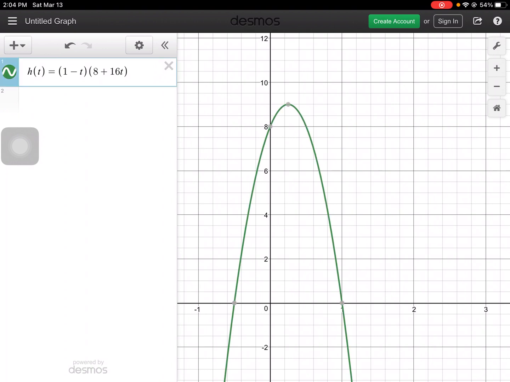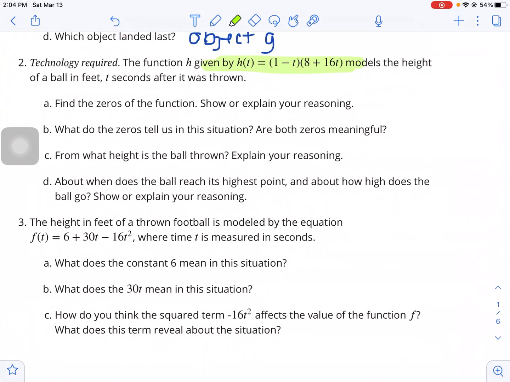The zeros of the function are where it crosses the x-axis. So our zeros are at negative 0.50 and 1 comma 0. And then they ask, what do the zeros tell us about the situation?